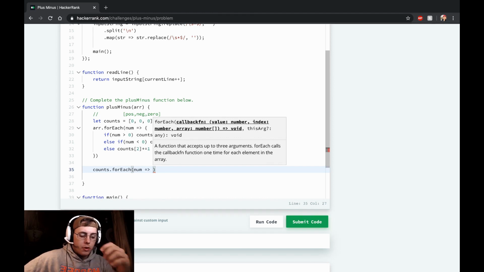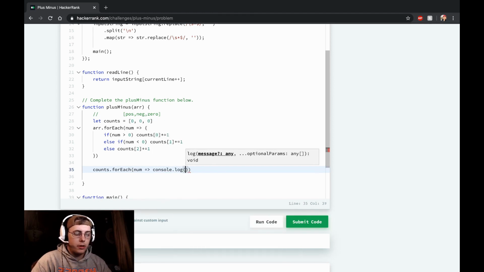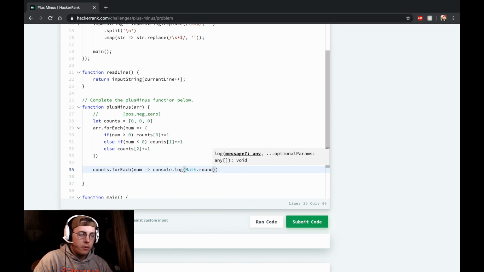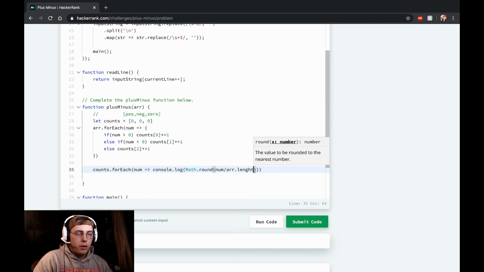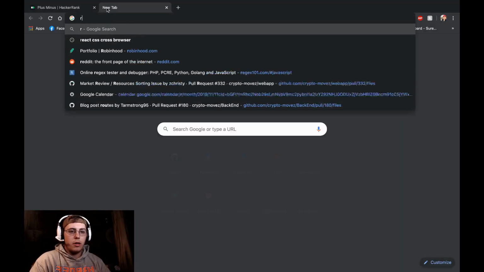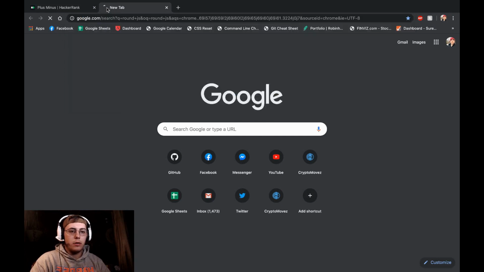I want to console.log the Math.round of num divided by r.length. And I think Math.round lets me round in JavaScript.